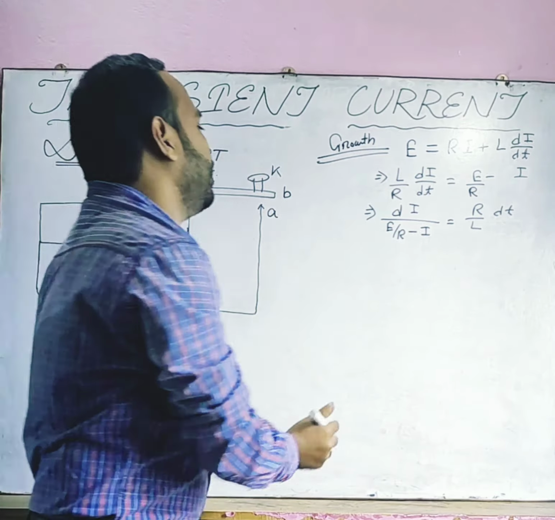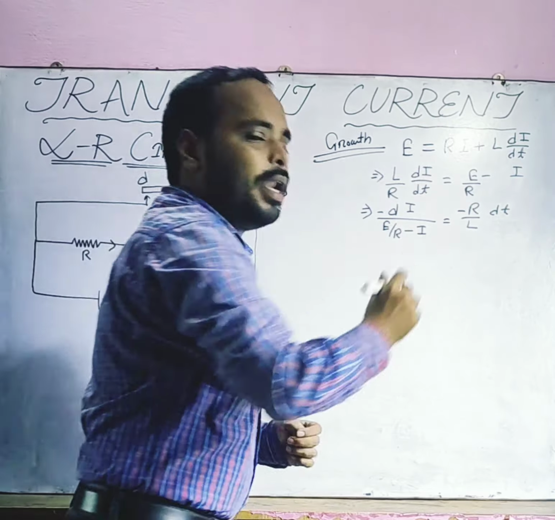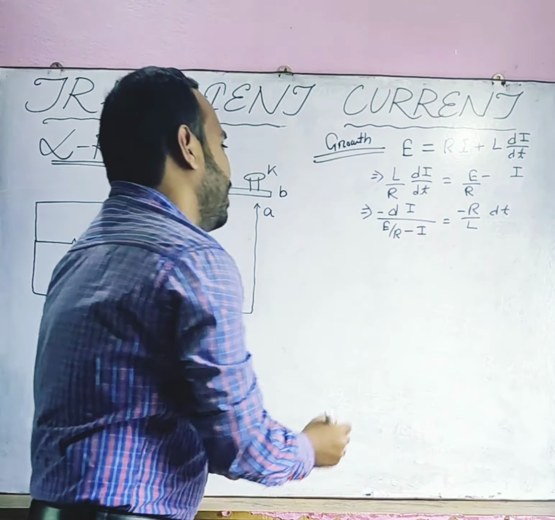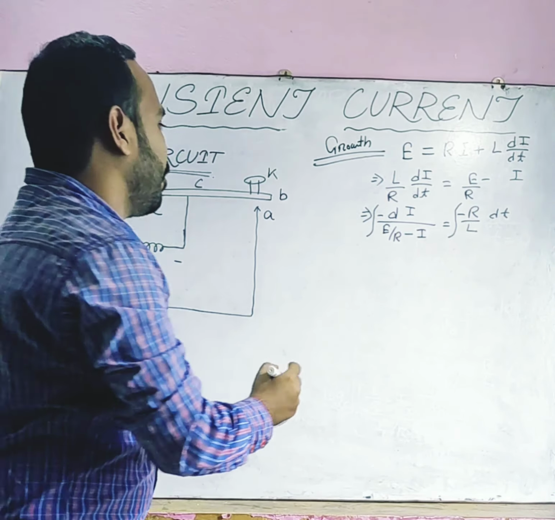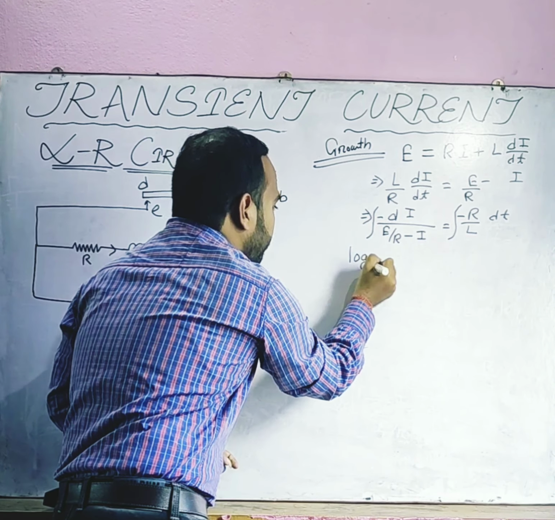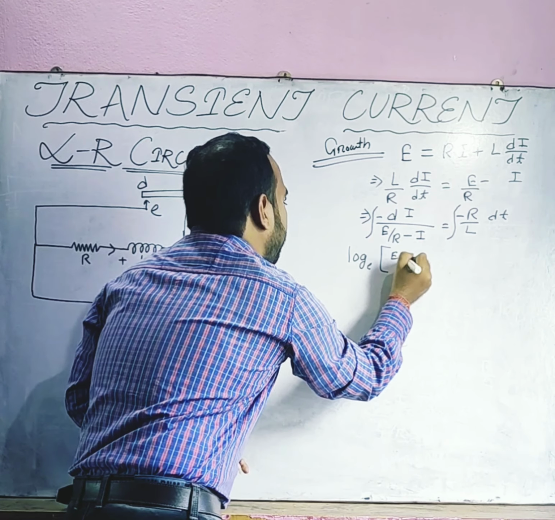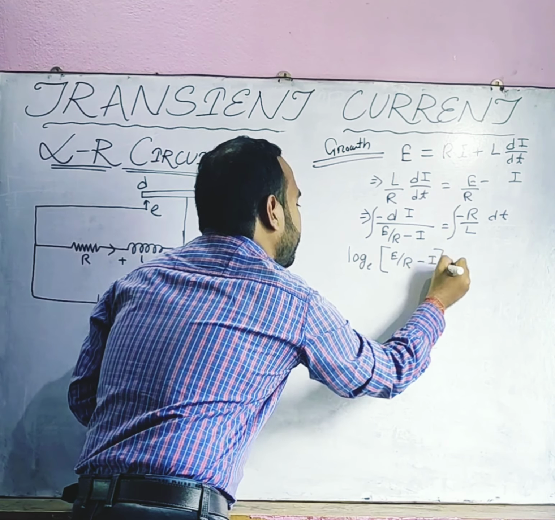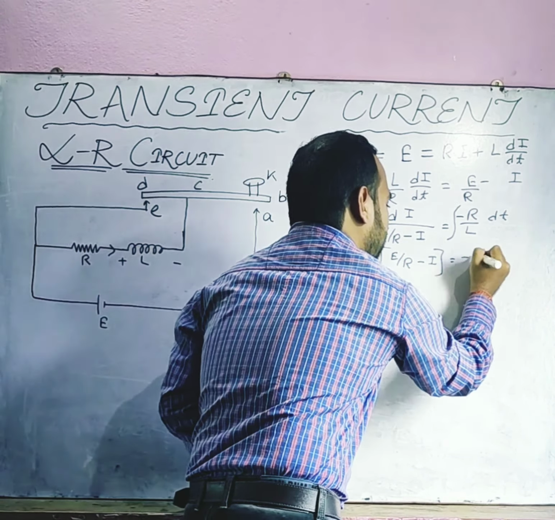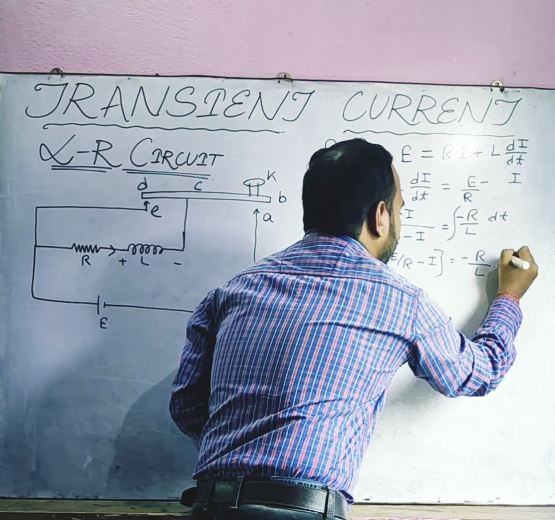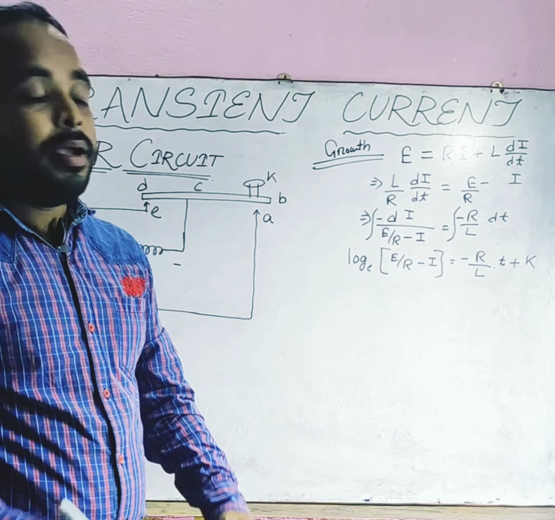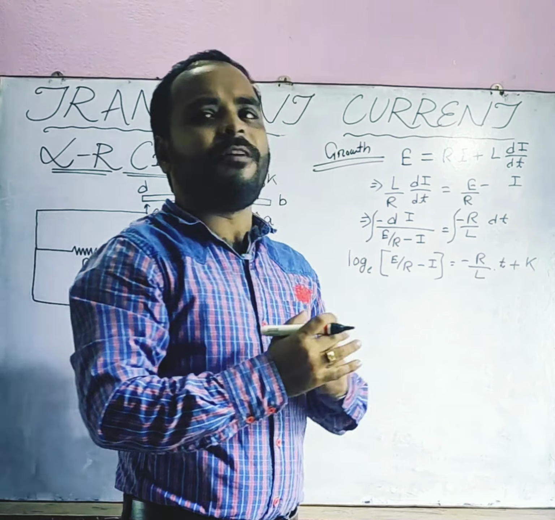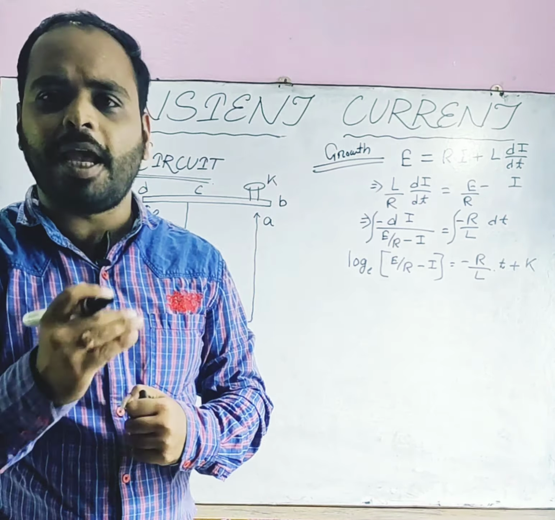Taking the negative sign on both LHS and RHS of the equation and integrating, we obtain log of E by R minus i equals minus R by L into t plus some integration constant K. Now, in order to find the value of this integration constant K, let us apply the initial conditions.